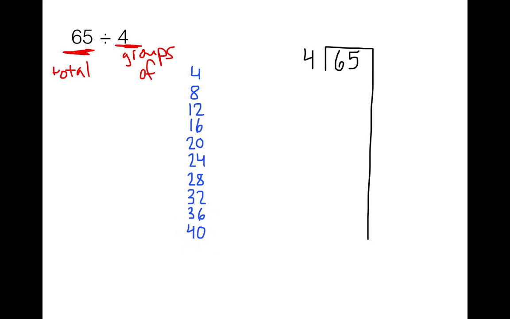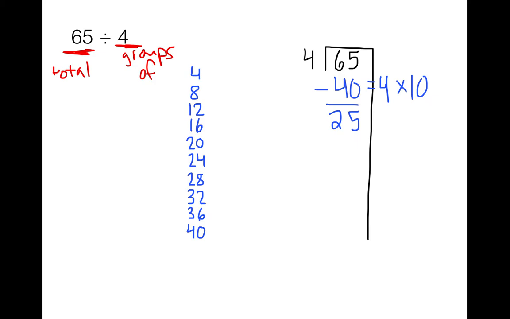So I'm going to take 40, which is how many groups of 4? 10 groups of 4. 4 times 10 is 40. Now I'm going to subtract 65 minus 40, and that's going to leave me with 25.